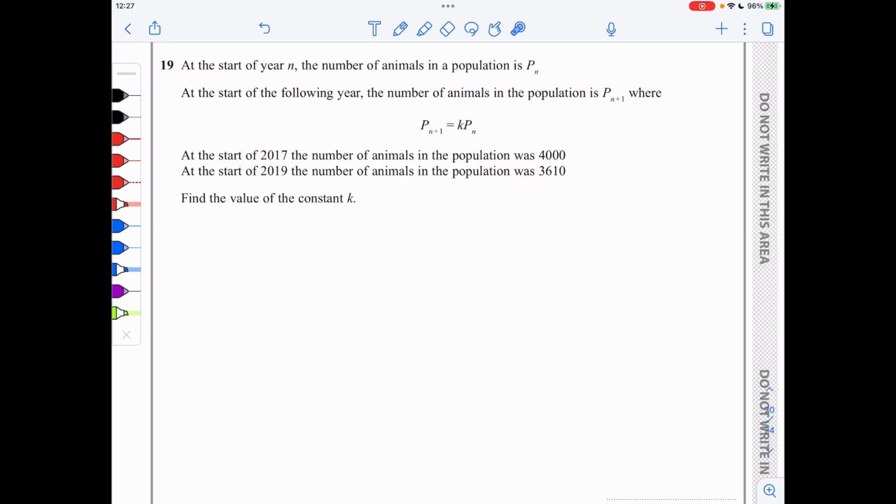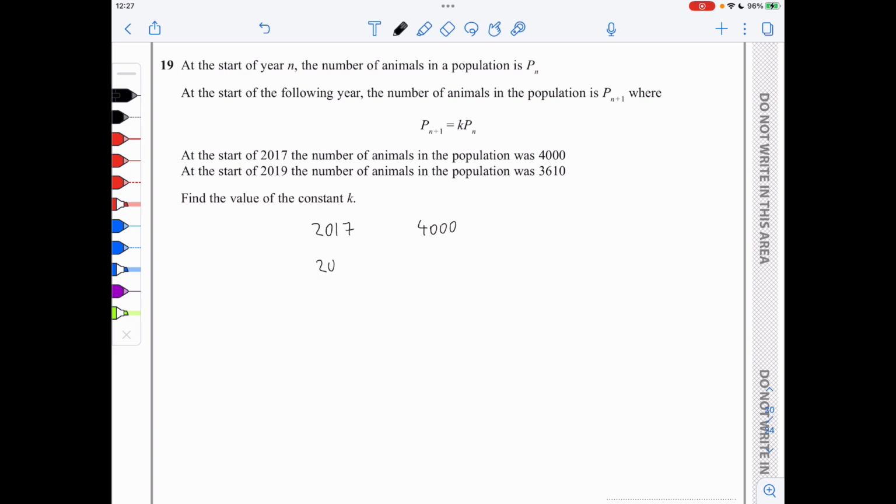In 19, we've got this relationship for the number of animals in the population, Pn, in year n. To go to the next year's population, we multiply the previous year's population by k. We know that in 2017, we had 4,000 animals in the population.